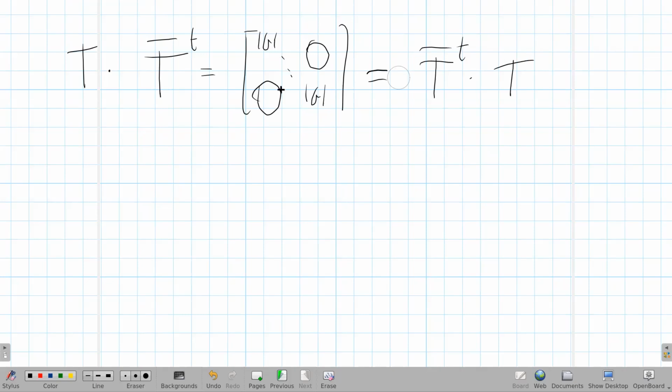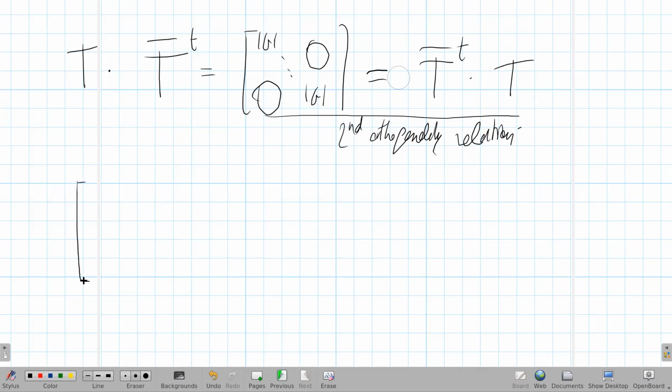I mean, you divide by 1 over the order of G. But this equality will now spell out the second orthogonality relations. So let's first write them down, and then we will write a result, a lemma.